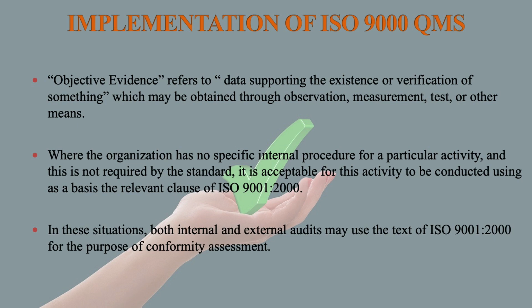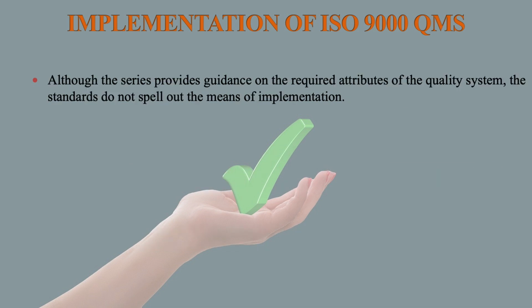In this situation, both internal and external audits may use the text of ISO 9001-2000 for the purpose of conformity assessment. Although the series provides guidance on the required attributes of the quality system, the standards do not spell out the means of implementation.